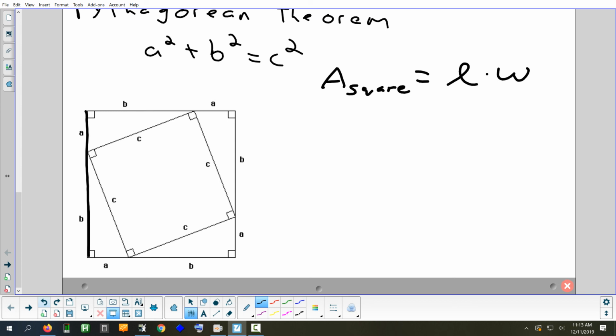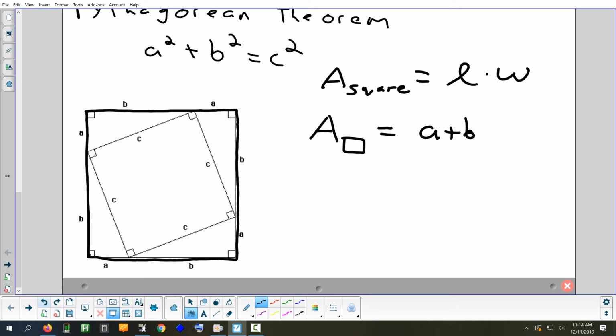Well, the length is A plus B. Let's outline this in black and call this the black square. So area of the black square: A plus B is the length. What's the width? It's also A plus B.